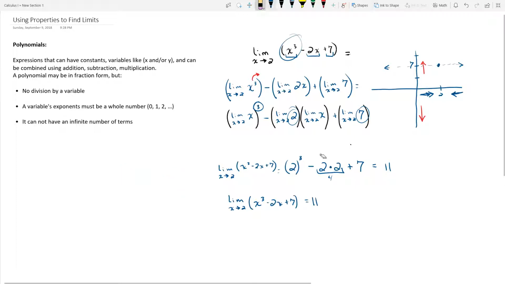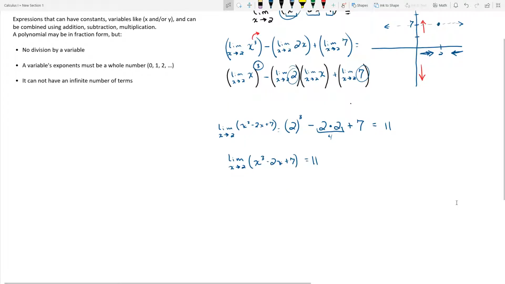So as long as we have a polynomial, we're not going to have any problems as far as domain restrictions. And the other key component to this is that since we are approaching 2 for a polynomial, what we can actually do is look at our limit, as x is approaching 2, we can actually insert that into the polynomial.